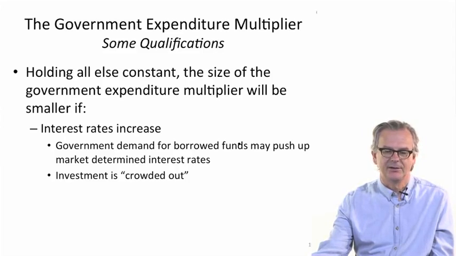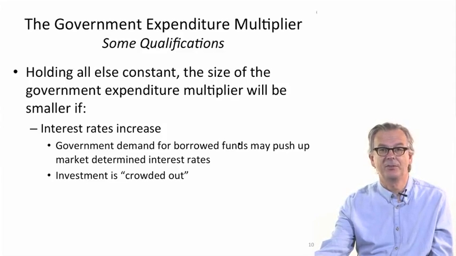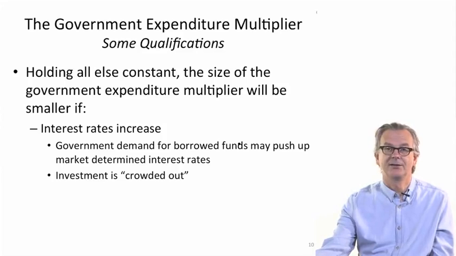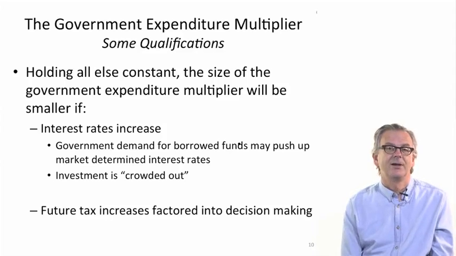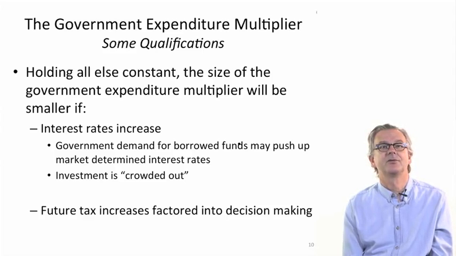A second important part of this debate, a second concern that many economists have about whether the government expenditure multiplier is actually going necessarily to be that high, relates to, again, the government budget constraint. Suppose people in the economy, this could be both households and firms, see the increases in government debt that are being incurred as a result of the higher expenditure.